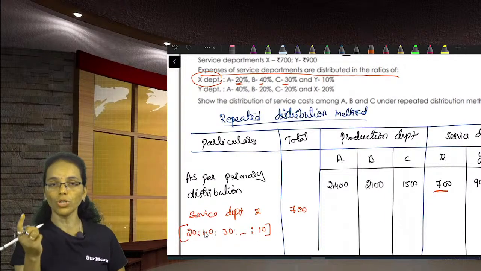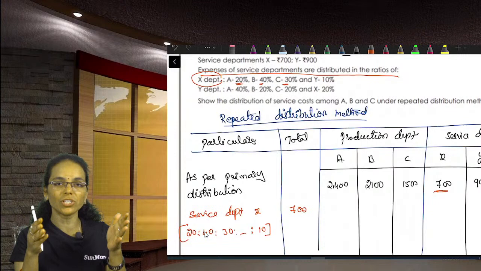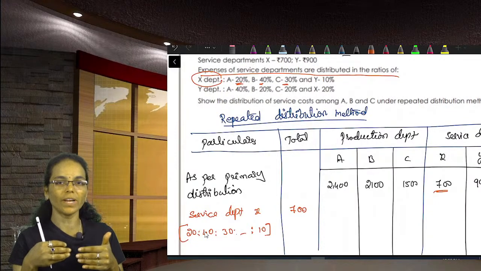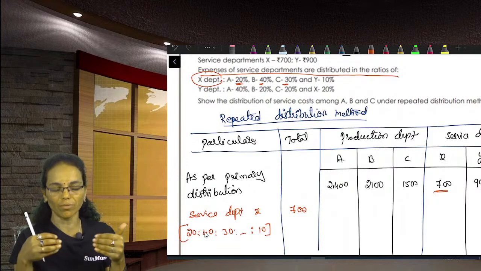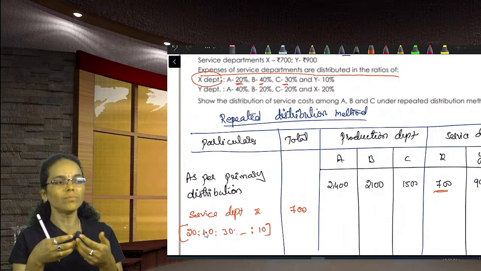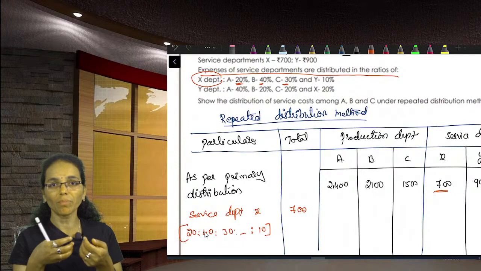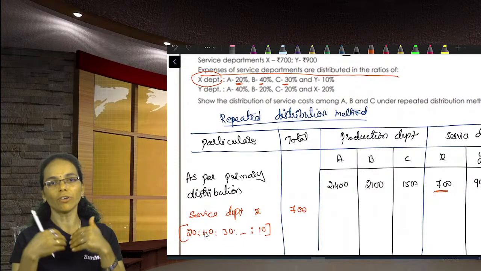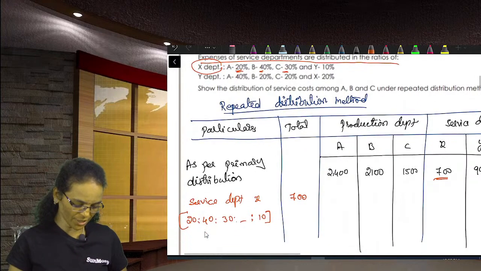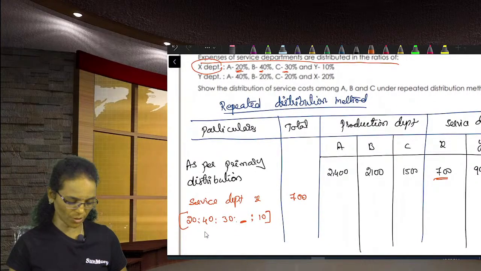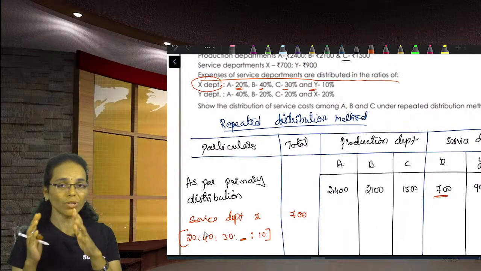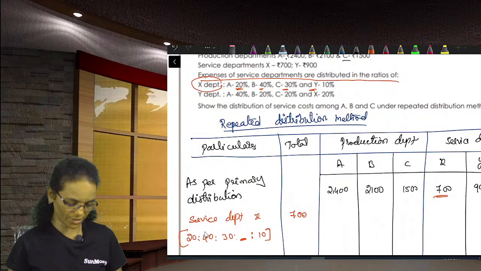Just now I told you the department expenditure cannot be allocated to self department. If I am discharging my burden by allocating the expenditure to other departments, why should I allocate to myself? So don't allocate to self department. Anyhow, it is not given, but just to make you clear, I am saying don't allocate to self department.